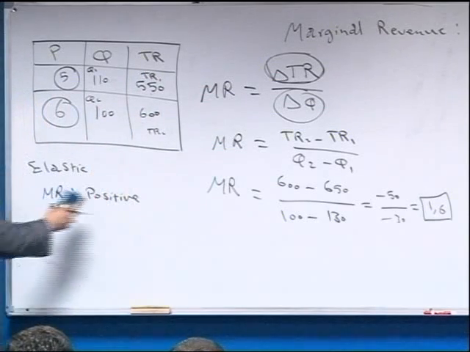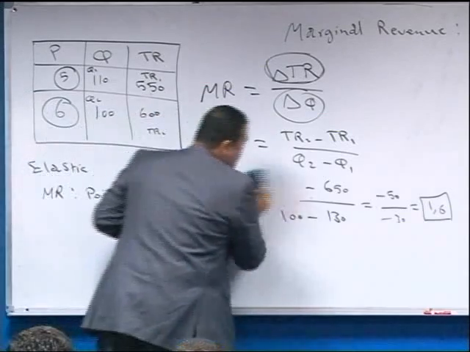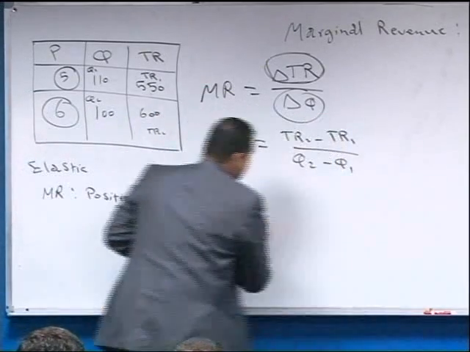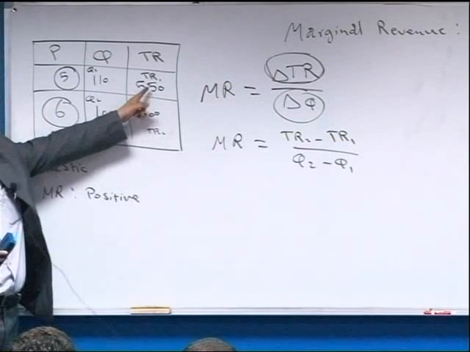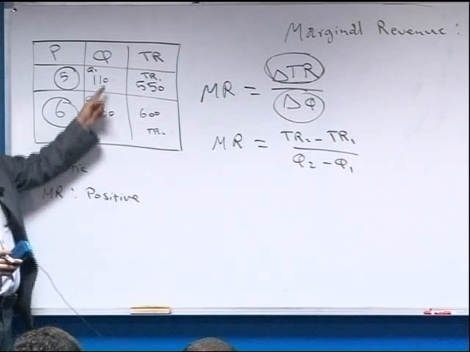In this case, the marginal revenue equals TR2 minus TR1 over Q2 minus Q1.